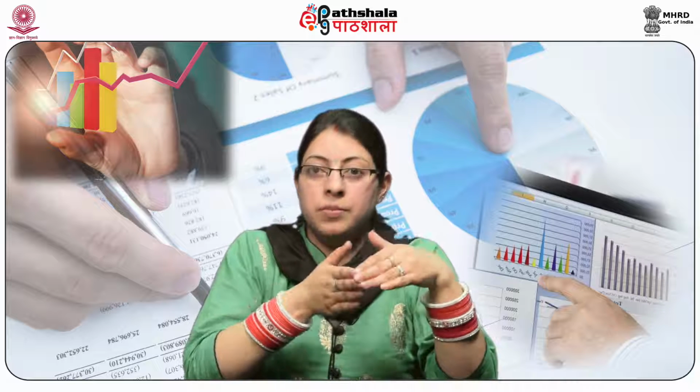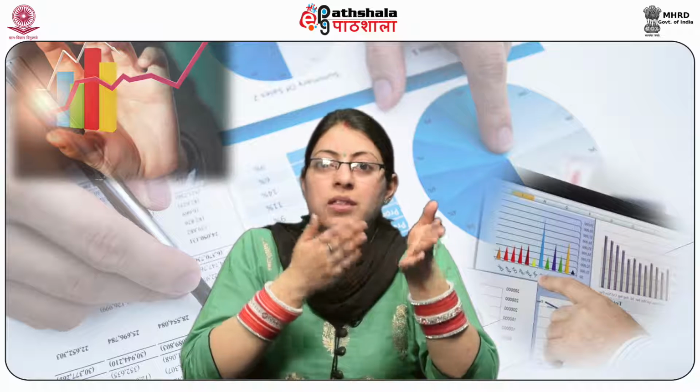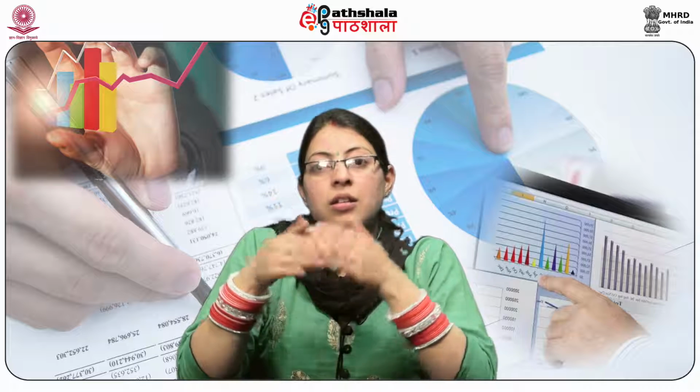Interpretation of this ratio. This ratio indicates the number of times interest is covered by the profits available to pay the interest charges. Long-term creditors of a firm are interested in knowing the firm's ability to pay interest on their long-term borrowings.